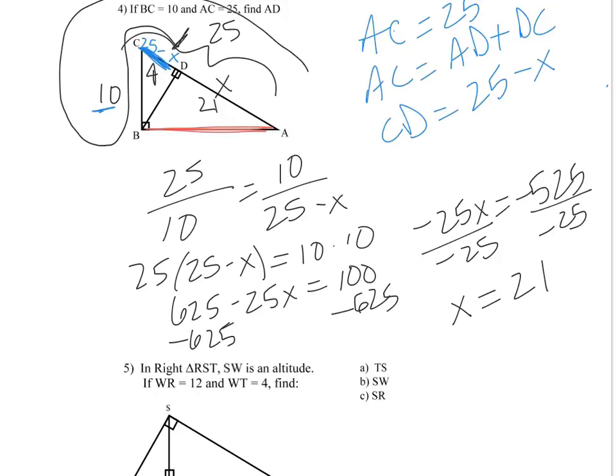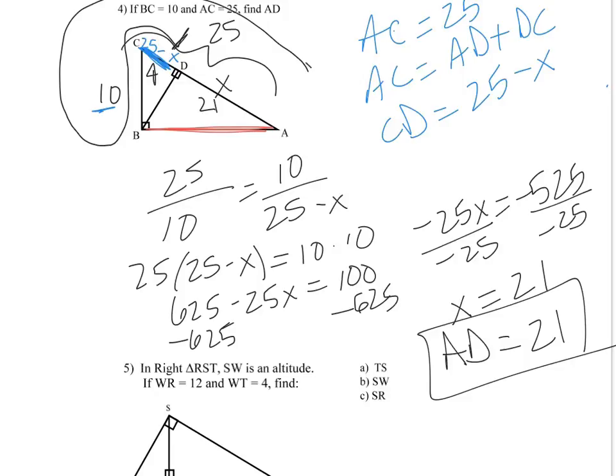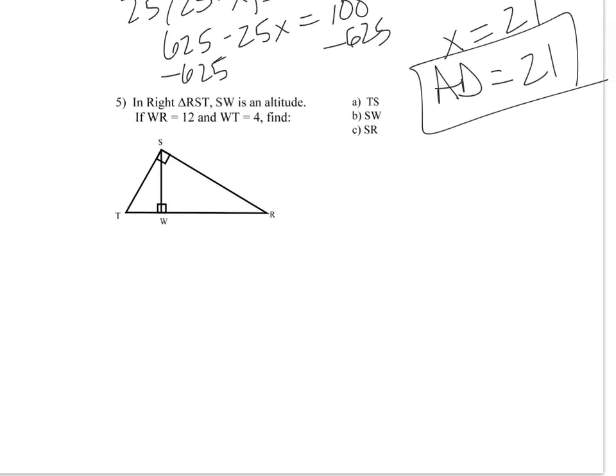Now it asked me for AD, so in this case, AD is going to be equal to 21. Again, hypotenuse, leg, projection. Just keep in mind that we had to figure out that CD was equal to 25 minus x. And now on to the last example.